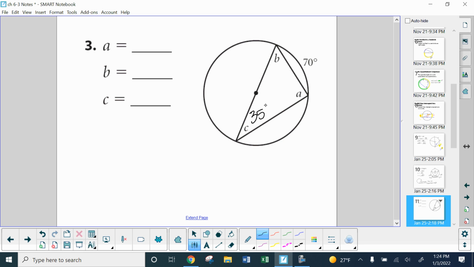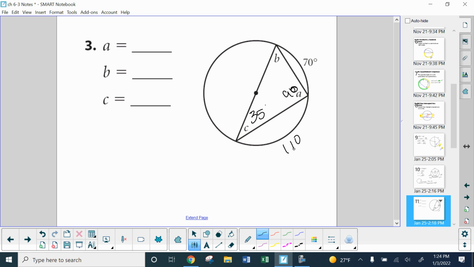I can see that A opens up to a diameter. If angle A opens up to a diameter, that is a semicircle, which I know is 180, so half of 180 is 90. Good. Now I can either use my triangle to find B, or, again, I have a semicircle, so if I take 180 minus 70, I get 110.